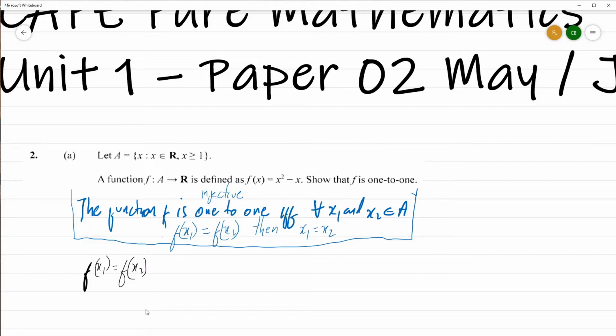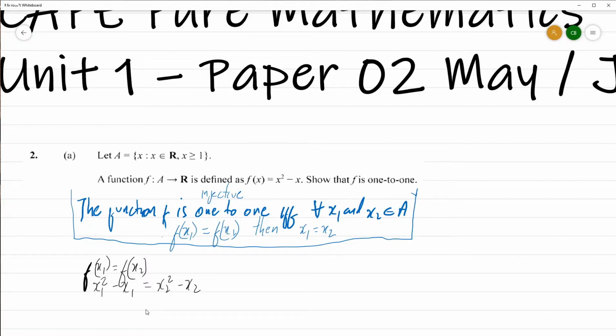So f of x1 would be x1 squared minus x1 is equal to x2 squared minus x2. I just substituted x1 and x2 into x squared minus x.